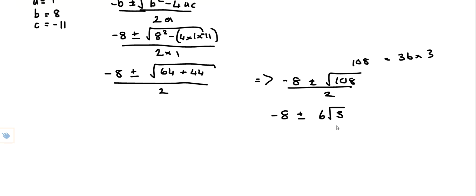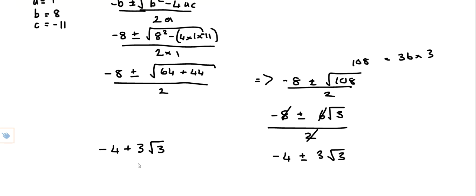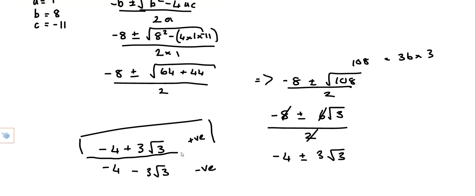All over 2. The 8 and the 6 cancel with the 2 to give me -4 plus or minus 3 root 3. Now there are 2 solutions there, but -4 plus 3 root 3 will be a positive answer, and -4 minus 3 root 3 would be a negative answer. So I only want the positive solution.